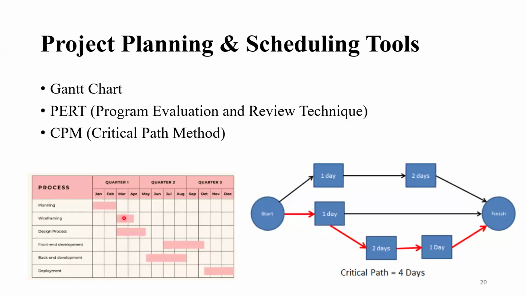Wireframing and designing start at the same time, in March. In mid-March I'll finish wireframing, but only in mid-May will I finish the design process. After that I'll start backend development, later front end development, and then deployment. This is what a Gantt chart looks like.